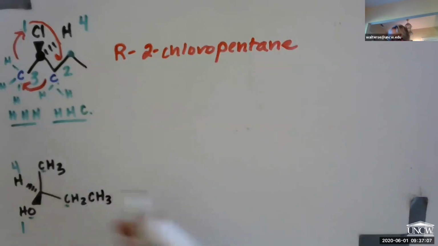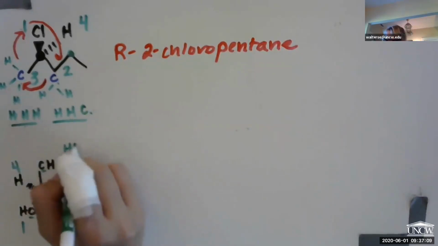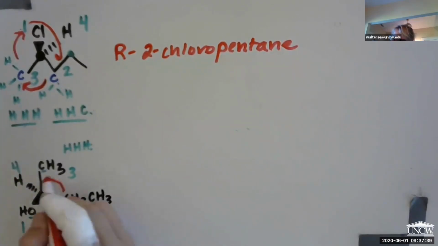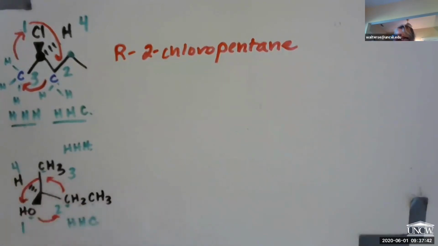This carbon is bonded to 3 hydrogens. This carbon is bonded to 2 hydrogens, and this carbon. Carbon beats hydrogen, so this is 2, this is 3. Okay. Ignoring 4 since it's on the dash. 1 to 2, 2 to 3, 3 to 1.